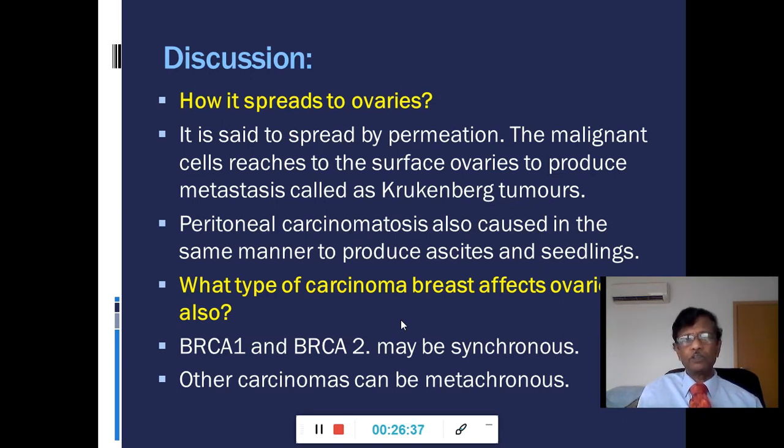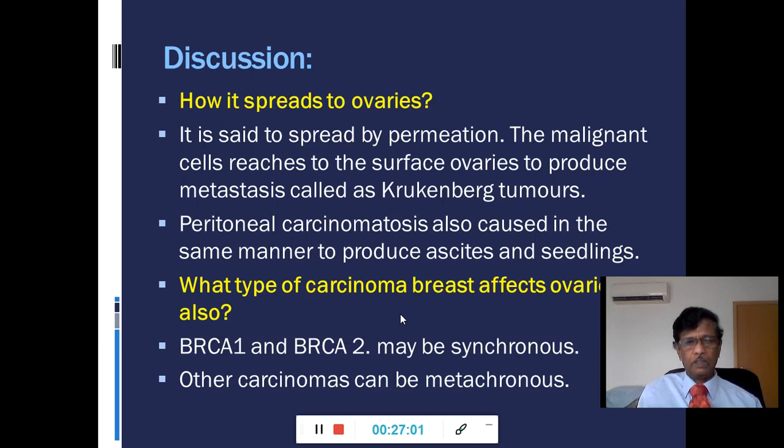Peritoneal carcinomatosis also occurs in the same manner, producing ascites and seedlings. I told you the malignant cells present in the peritoneal cavity will produce ascites and seedlings. What type of carcinoma of breast affects the ovaries also?